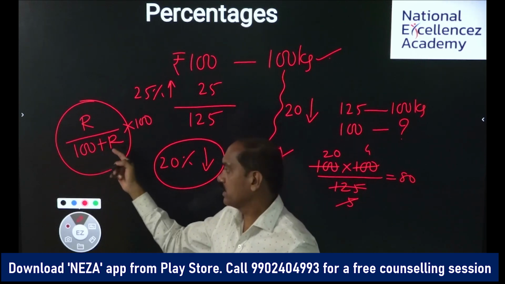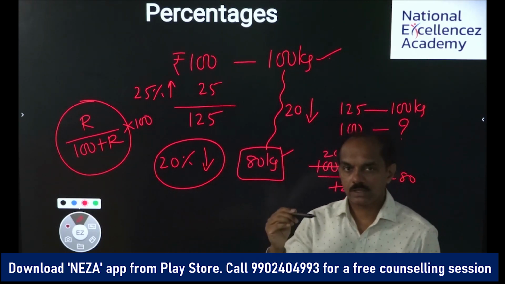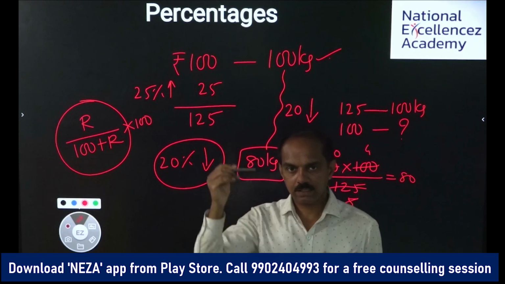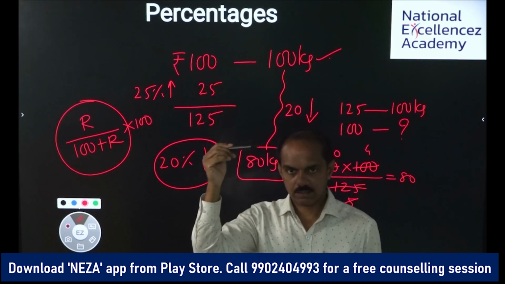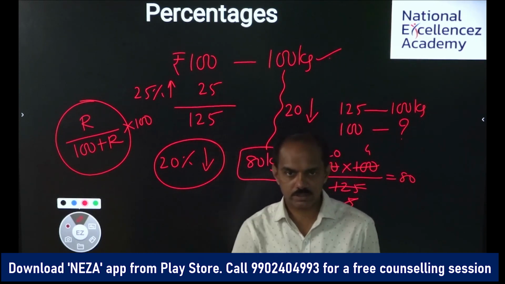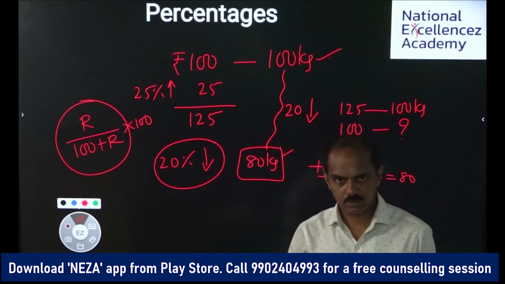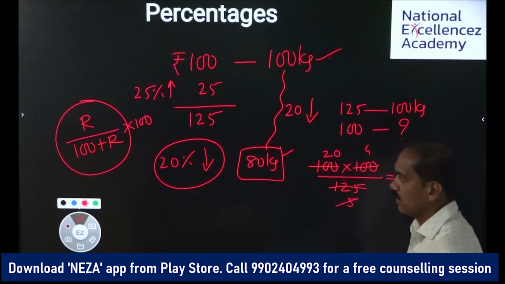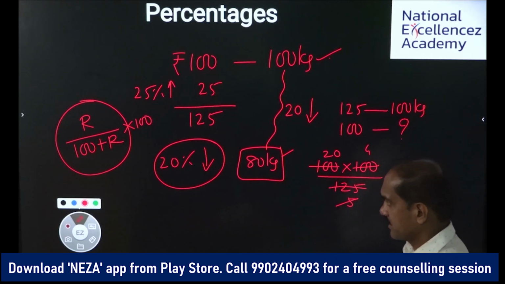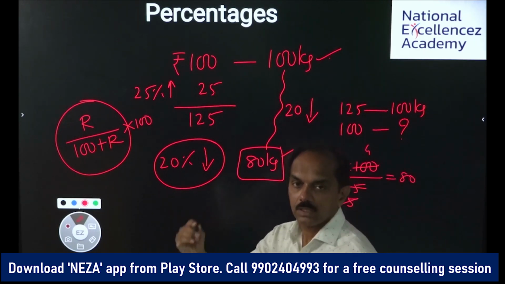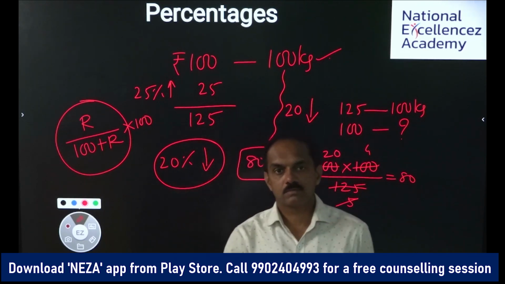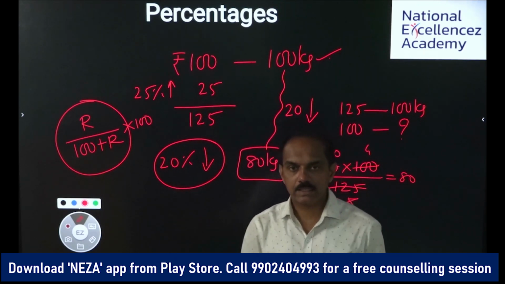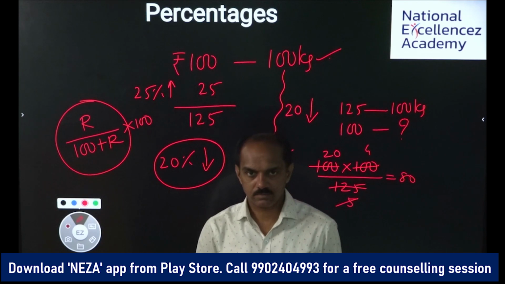So when to go with this? When the price is increased and the consumer should reduce its consumption. Okay. In that kind of problems, you can go with this formula. And the reverse, meaning now the prices will go down and you can increase its consumption. Okay.